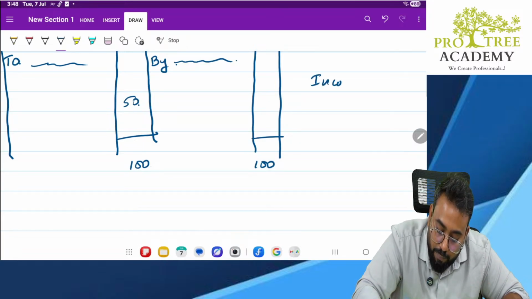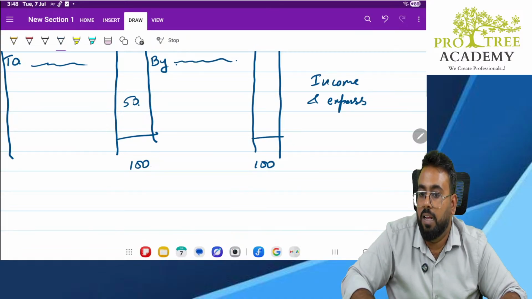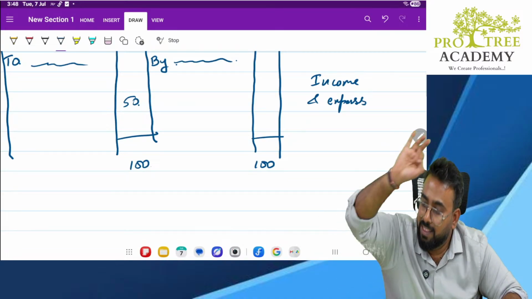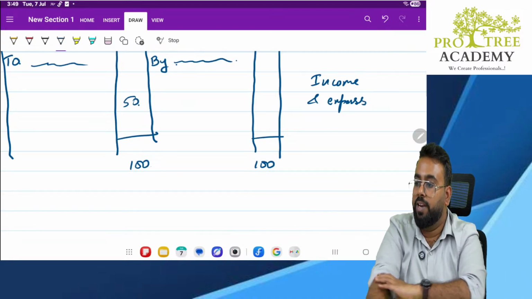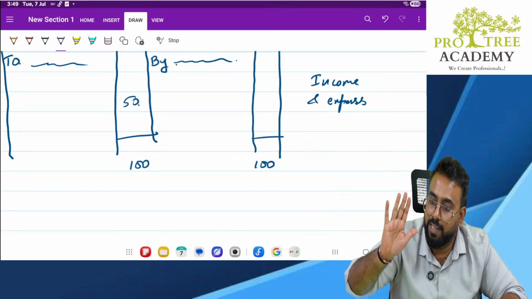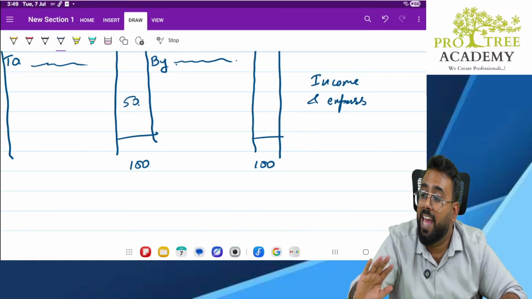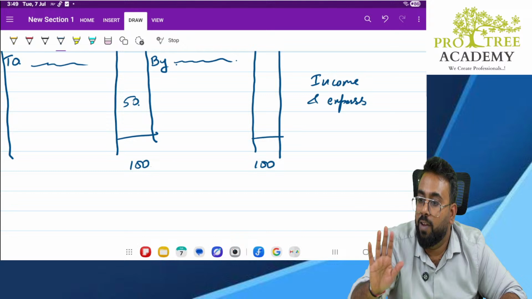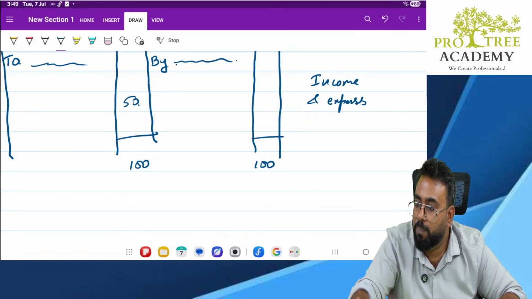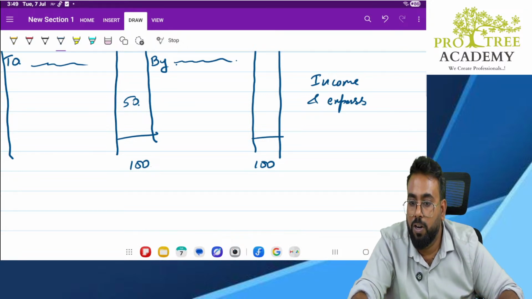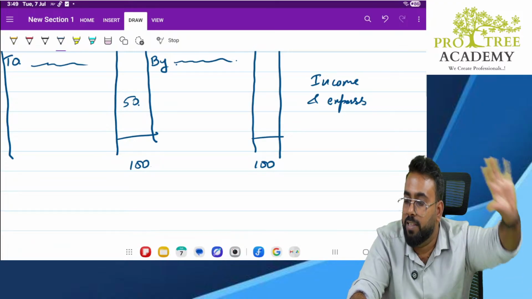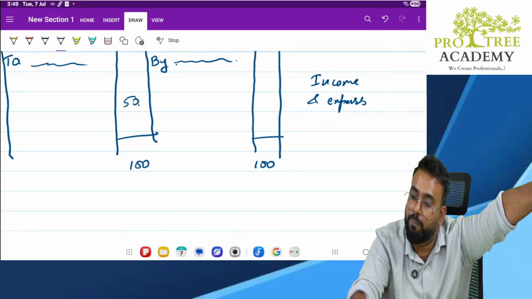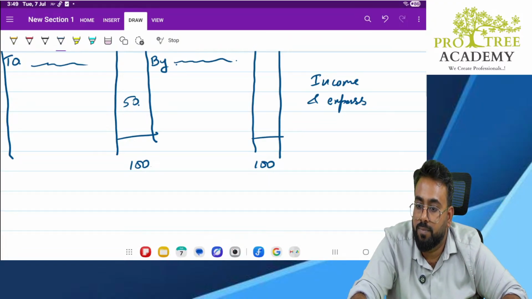Your income and your expenses should be closed in that year only. Your income and expenses will be closed in that year only. That means there is no carry forward concept. Your income and your expense is for that particular year. Correct or no? So what you will do? Whatever balance is coming, that will be transferred to P&L. Correct? The reason why you are preparing P&L is to know what is income, what is expense, what is the profit. Correct or no?